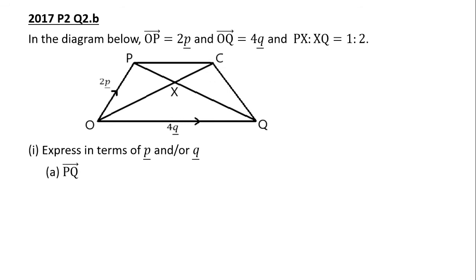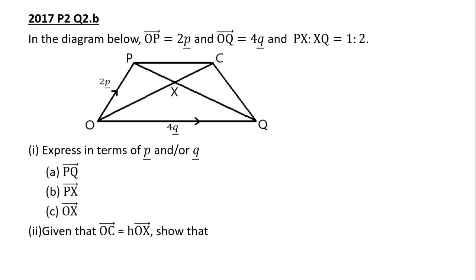2017. In the diagram below, vector OP equals 2P and vector OQ equals 4Q and PX to XQ equals 1 to 2. The diagram has been given, that is a quadrilateral. Express in terms of P and Q: vector PQ, vector PX, vector OX.